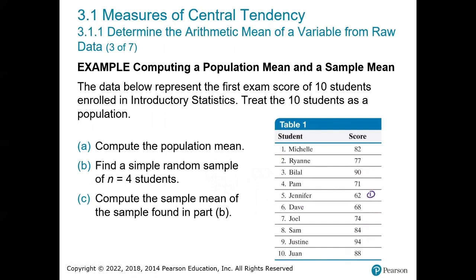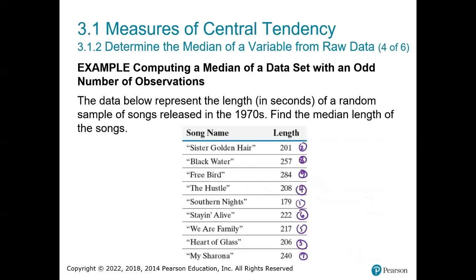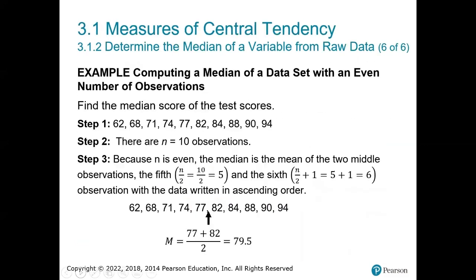So first one, second, third, fourth, fifth, 6, 7, 8, 9, 10. And I would list them in order then. Okay, I've already done that on this slide here. So they're all 10 in order.